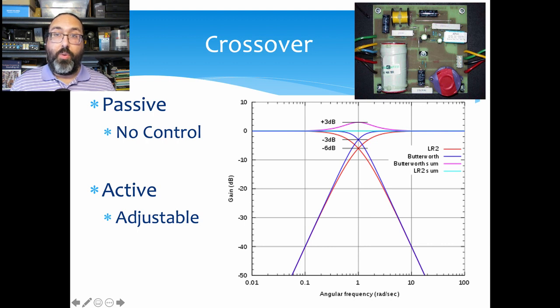So either you can go in electronically, like the QSC K12, K2 systems allow you to go in electronically and adjust this, or you biamp the speaker, which means that lower driver has one amp, and that higher driver has a second amp. Biamp means 2 amps. You need 2 amp channels to power this.